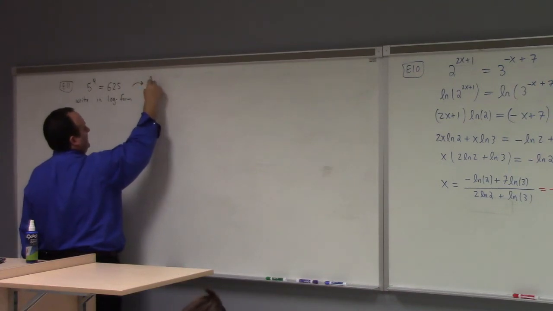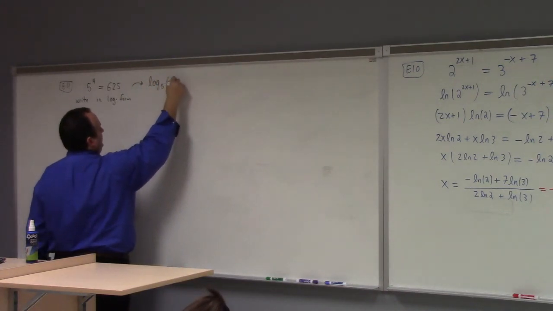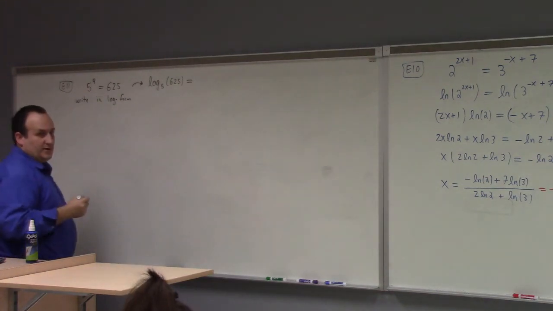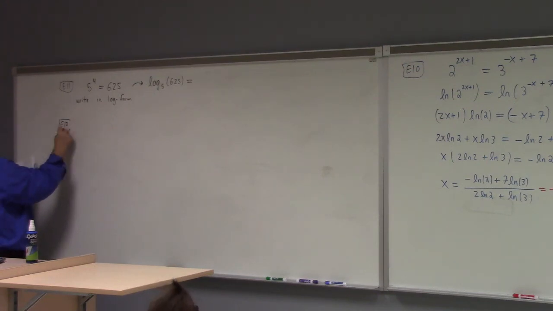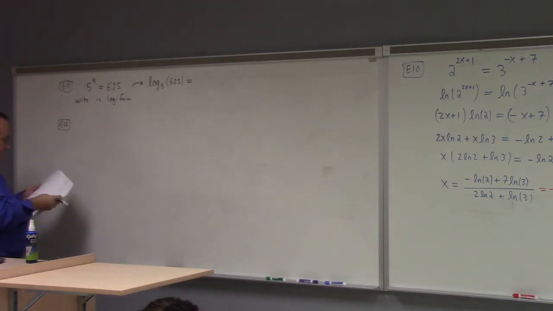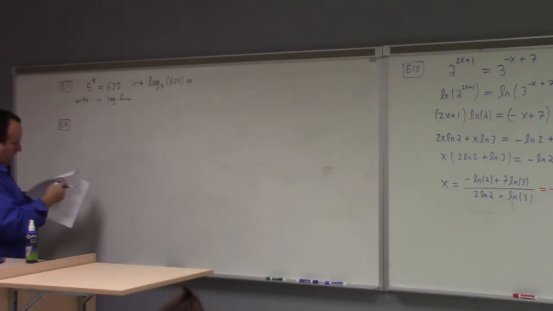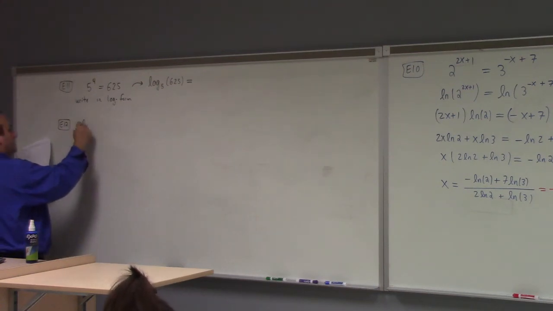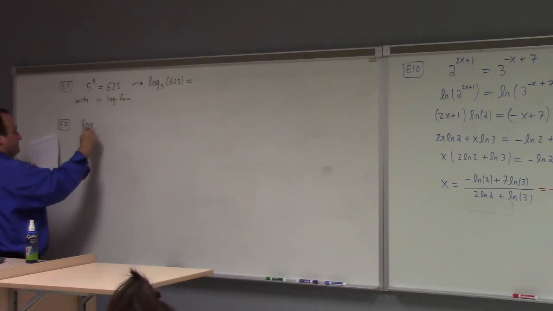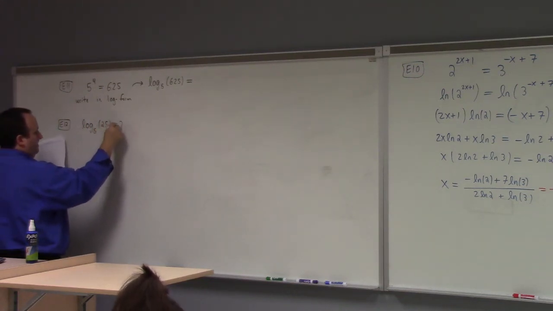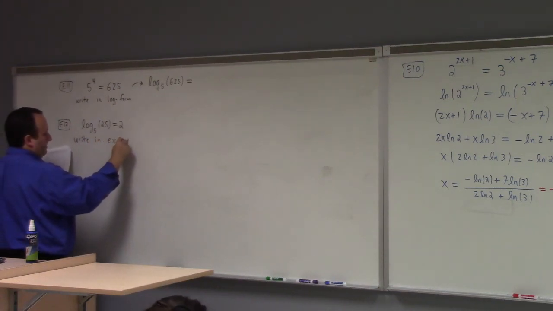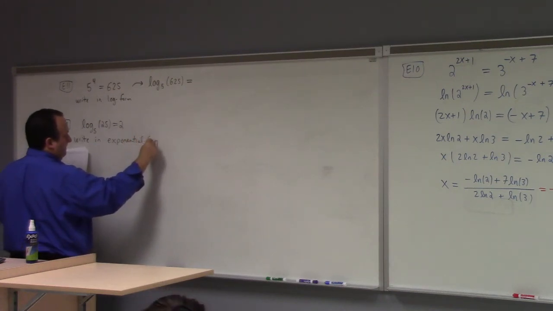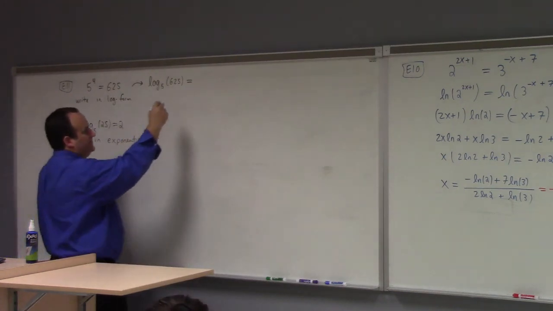This says that log base 5 of 625 equals what? Can you guys tell me what to do up there? What is the answer there? It's 4, right? That's it.